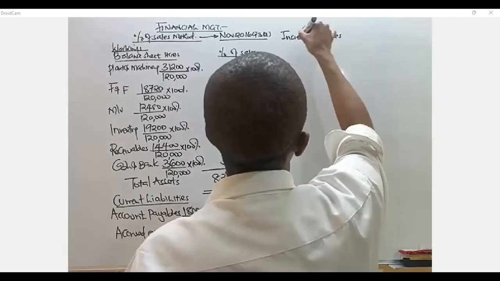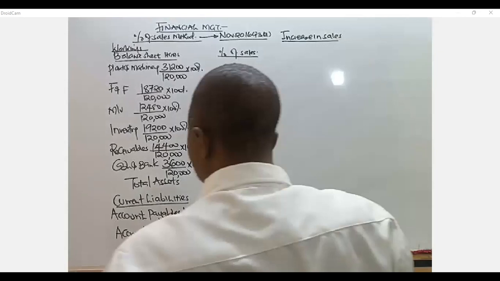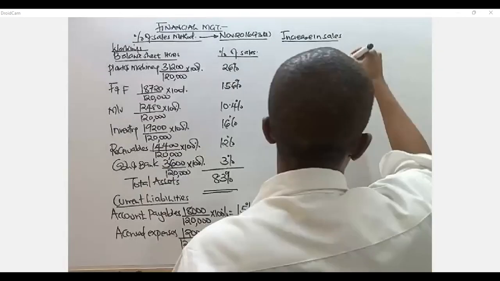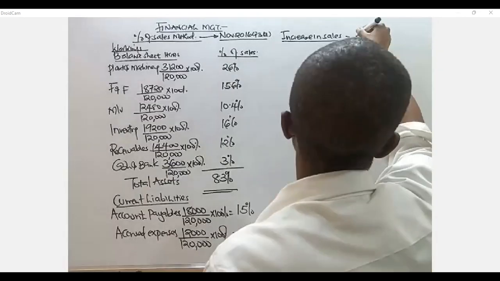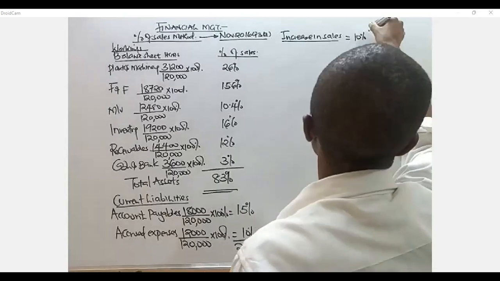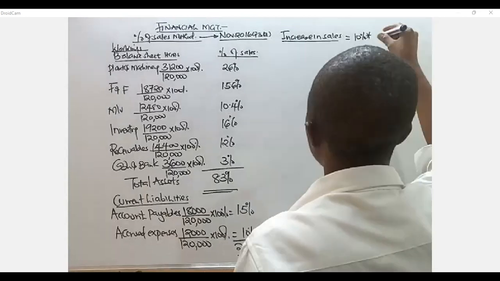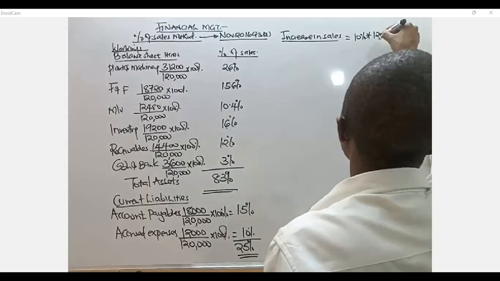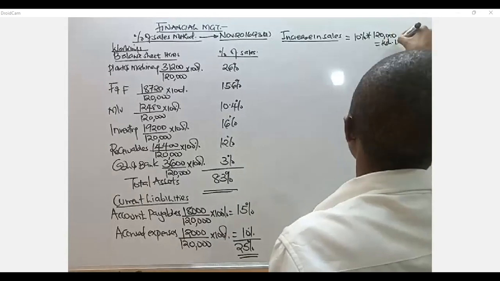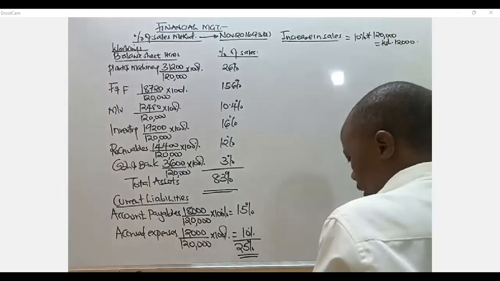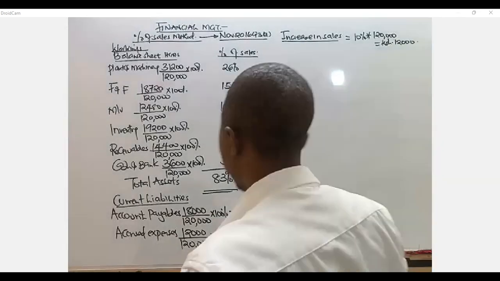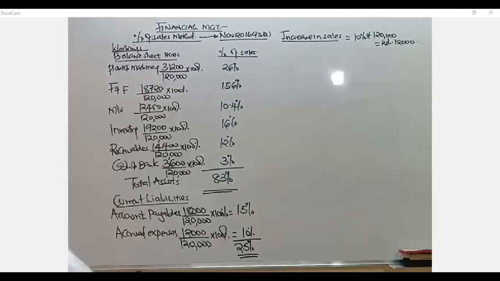We want the proportion of the increment, which is 10%, and our current sales are equivalent to 120,000. So this translates to Kenya shillings 12,000. That will be the increment proportion of our sales.